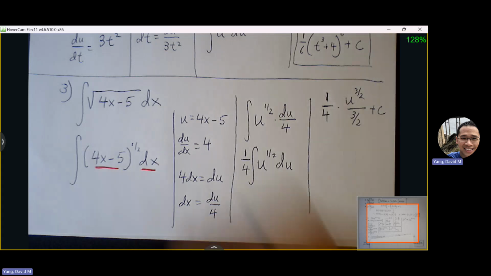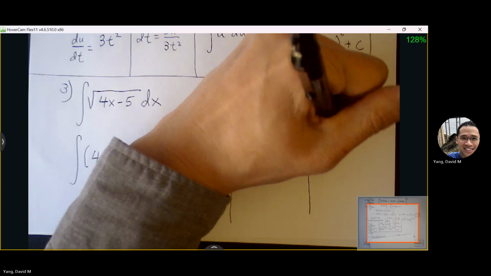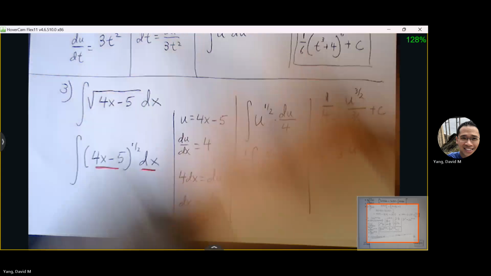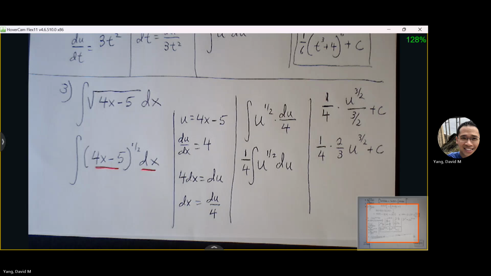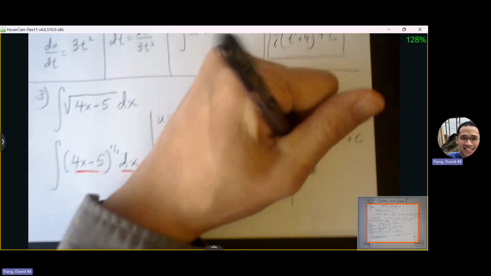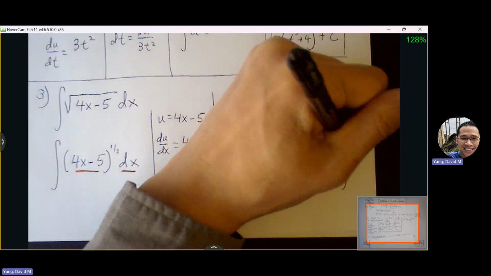Dividing by 3/2 is the same thing as multiplying my numerator by 2/3. Okay, do some cleanup here. 2/12 is the same thing as 1/6. And then bring back your original variable.